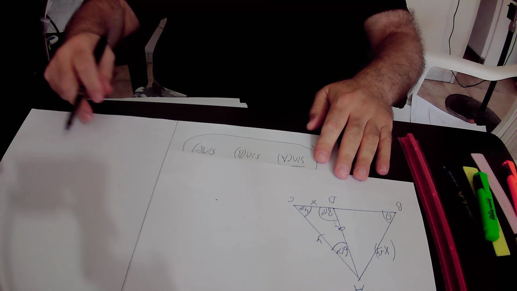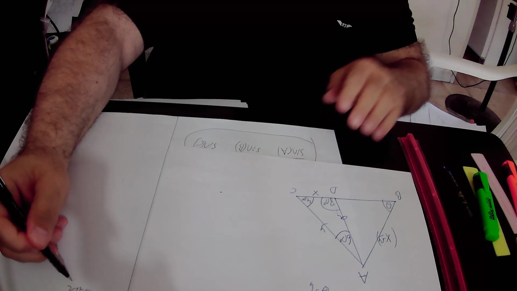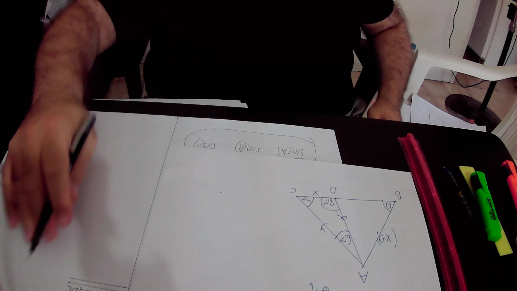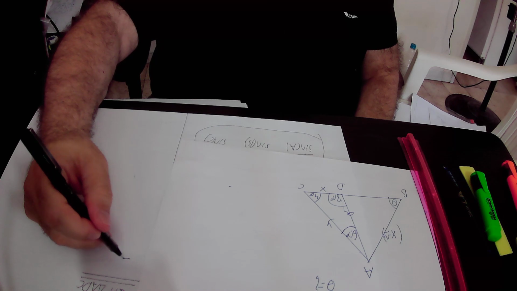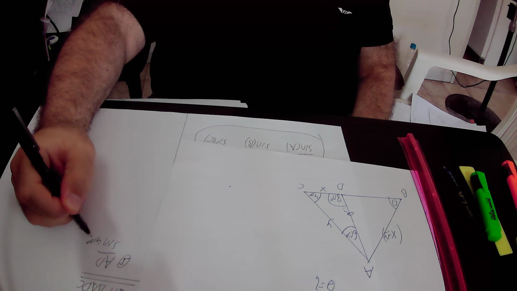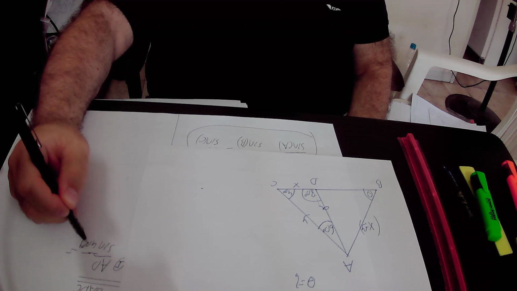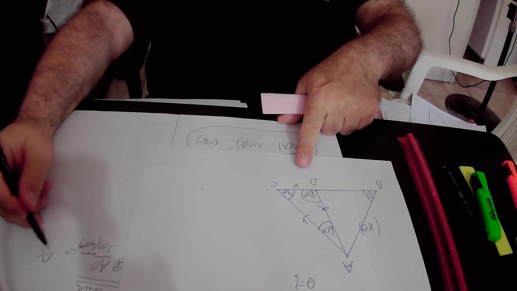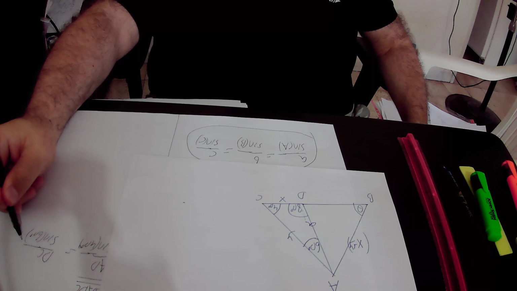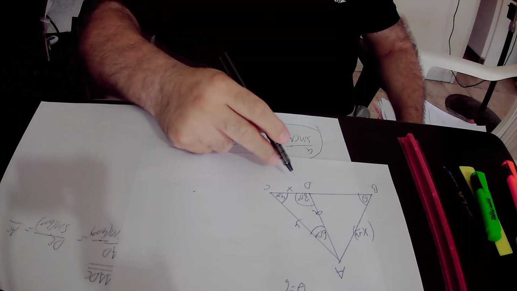So according to the law of sines, if we focus on triangle ADC, AD over sine 40 degrees equals DC over sine 60 degrees, and it is equal to AC over sine 80 degrees.